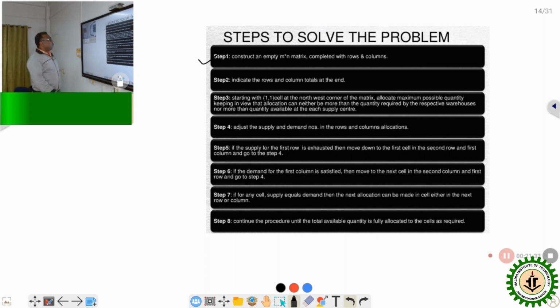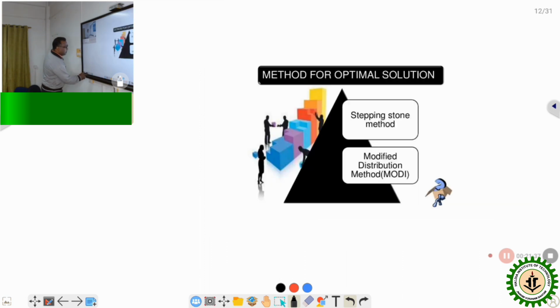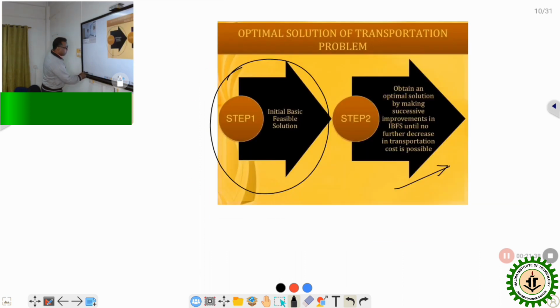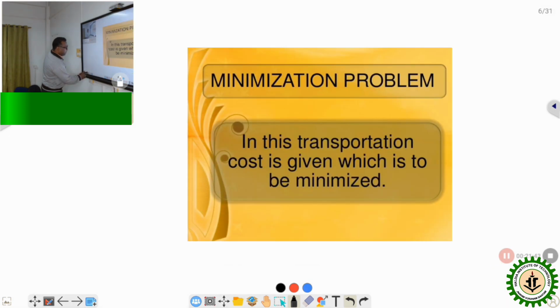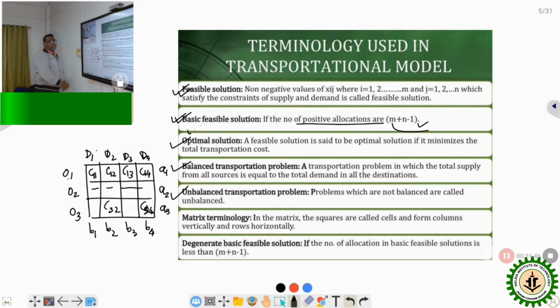After that, for any matrix, you can see here, this is the northwest corner.